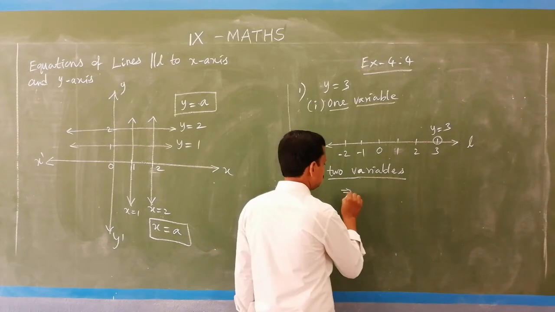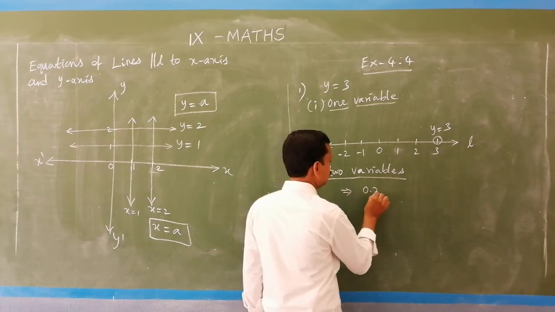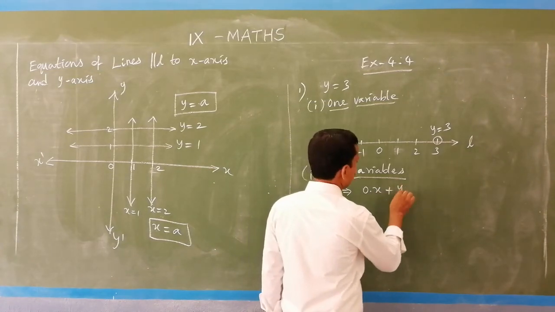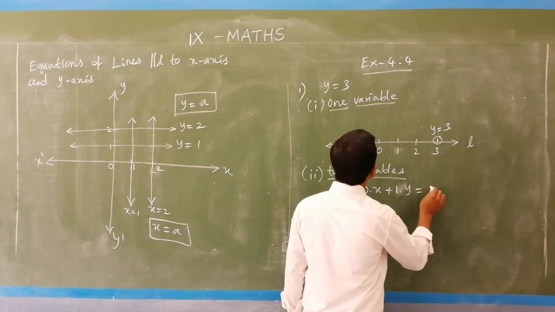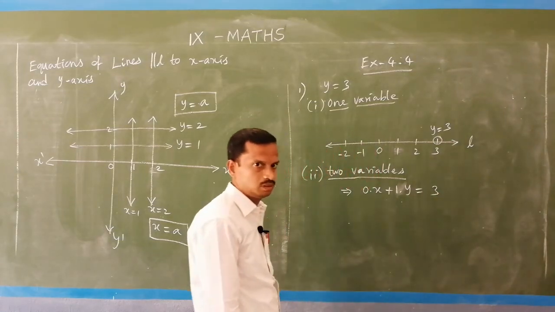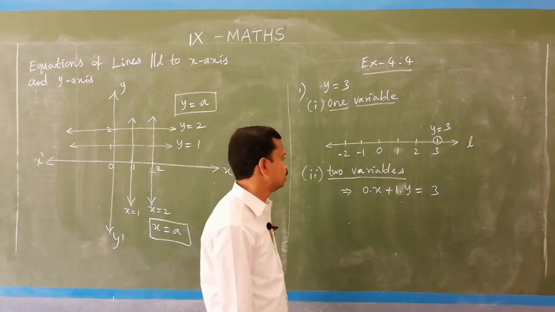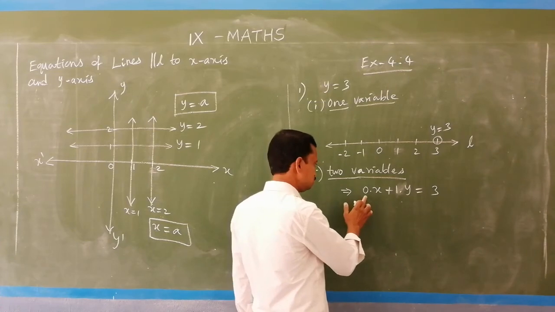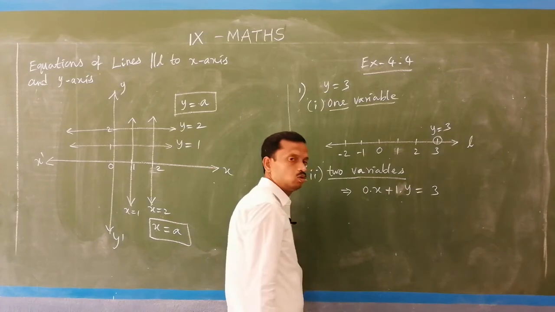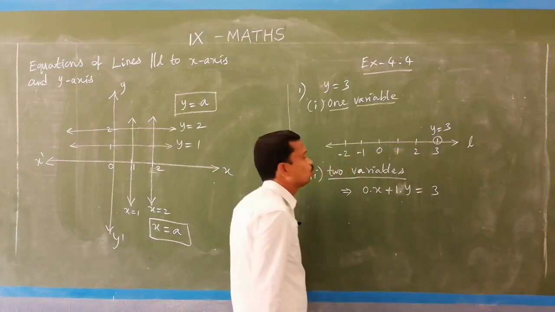So, this implies y equal to 3 can be written as 0 into x plus 1 into y equal to 3. Clear? Suppose we can say in the ax plus by plus c equal to 0 form. So, if we try to write like this, coefficient of x, if you put 0, then the whole thing will become 0, and then y, that coefficient is 1 only.